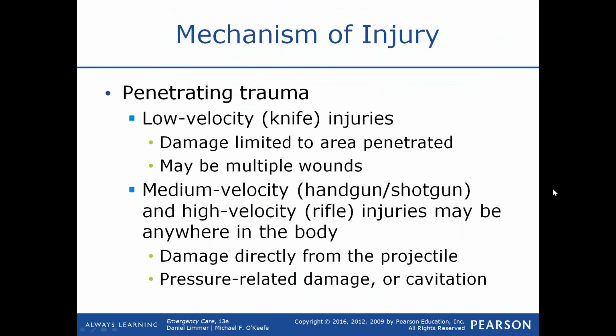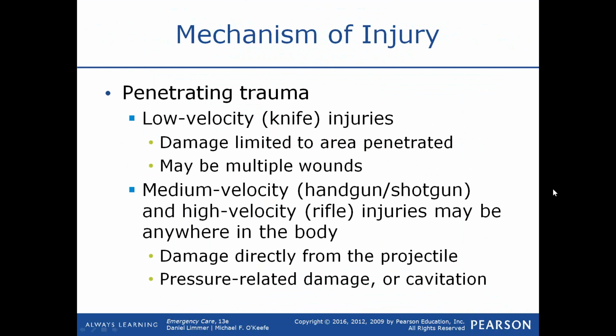And certainly these wounds could be anywhere on the body, and the damage is directly from the size of the projectile. But it's not the size of the bullet that has the greatest impact on the amount of damage caused. It's how fast the bullet is traveling. Because once it hits the body, it immediately begins to slow down.